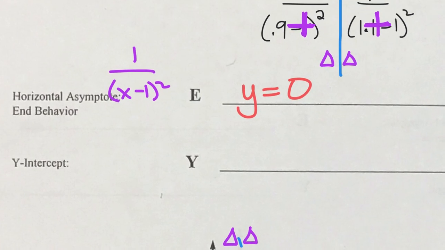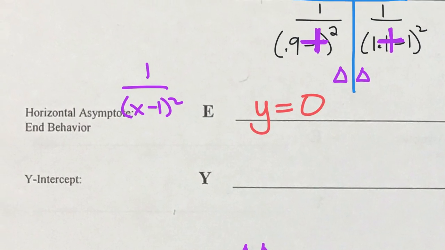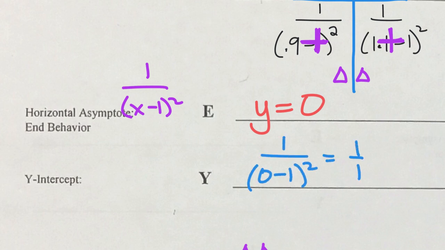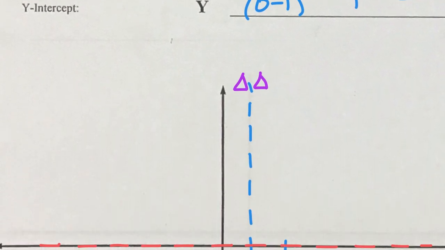Okay, bottom heavy because we have an x squared in the denominator and no x in the numerator. And your y-intercept, 1 over 0 minus 1 squared, is 1 over 1, which is 1. So this will cross your y-axis at positive 1.